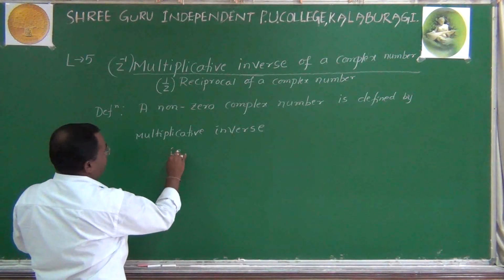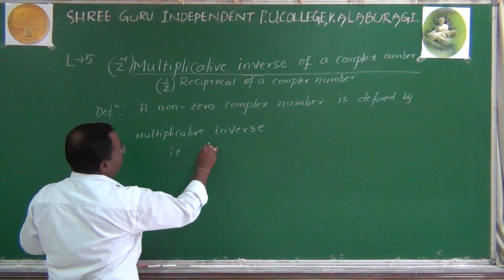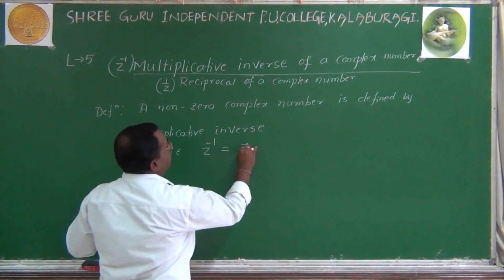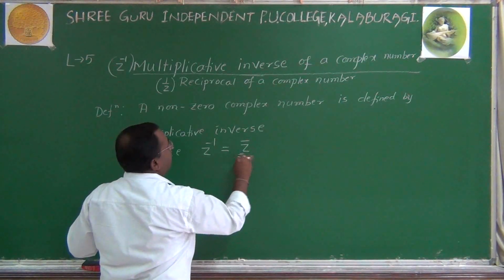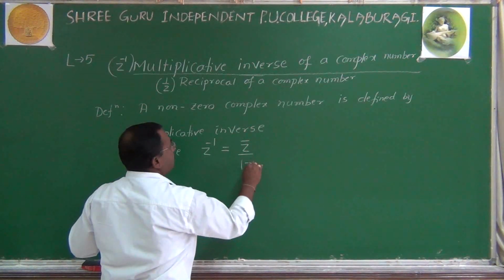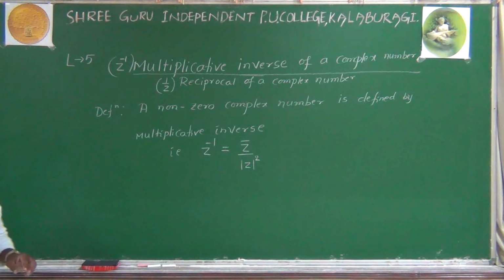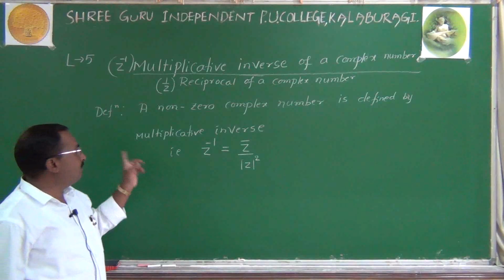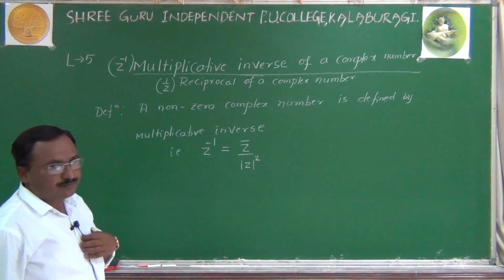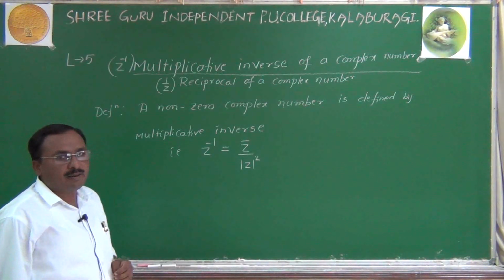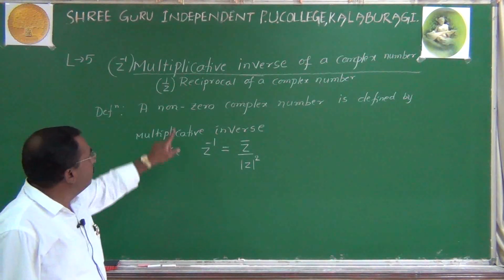That is, z inverse, this is the symbol, is equal to z bar divided by modulus of z whole square. A non-zero complex number is defined by multiplicative inverse. That is, z inverse is equal to z bar divided by modulus of z whole square.